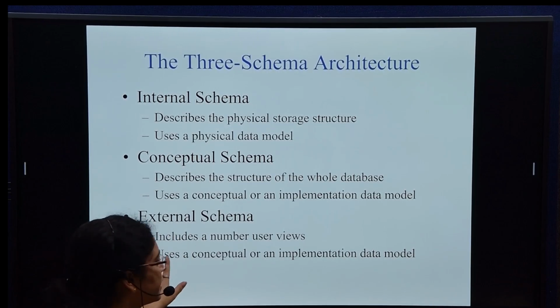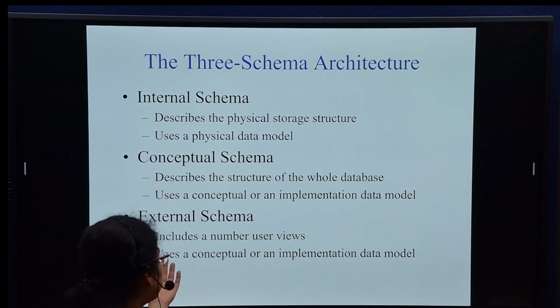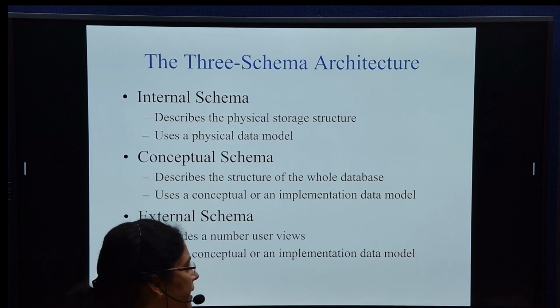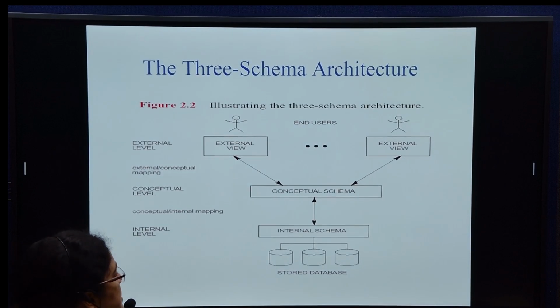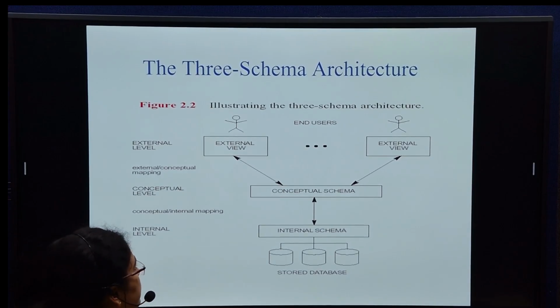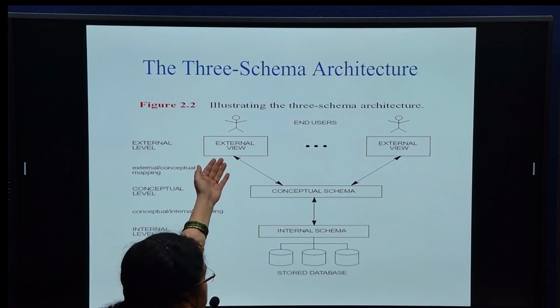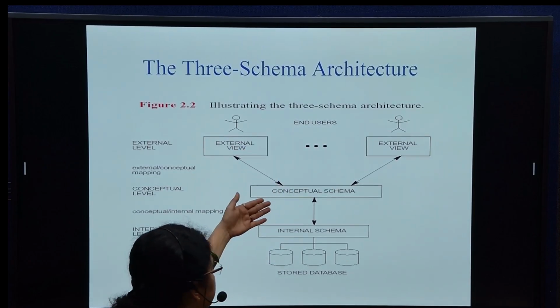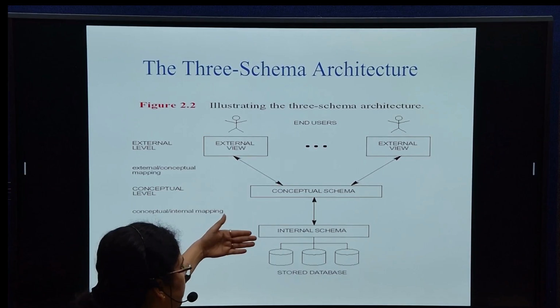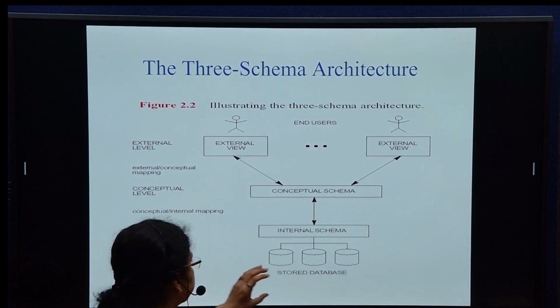External schema includes a number of users' views. Basically, this is an interface for the users, and it uses a conceptual or an implementation data model. This is the diagram of the three schema architecture, where I have described the external view, which is an interface for the end users, and next is the conceptual schema, and afterwards the internal schema, which is about the whole database.